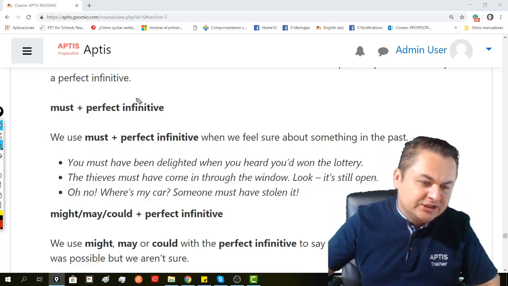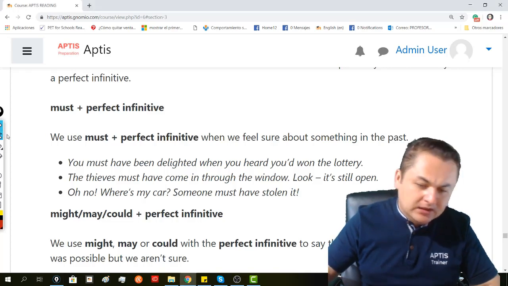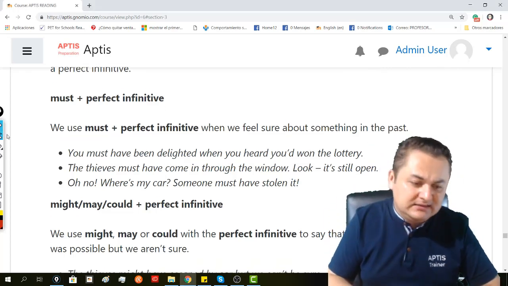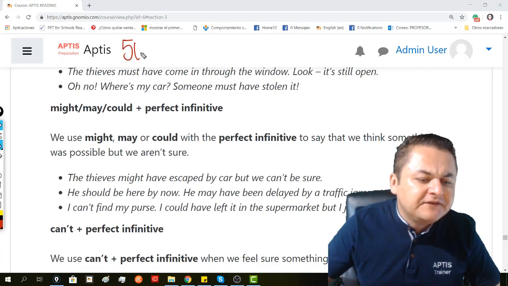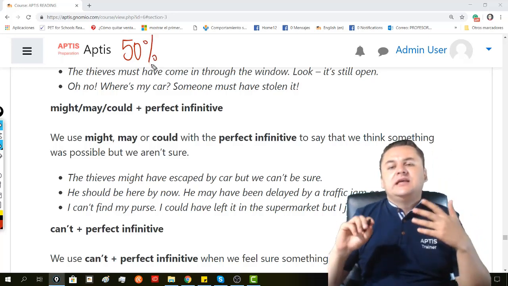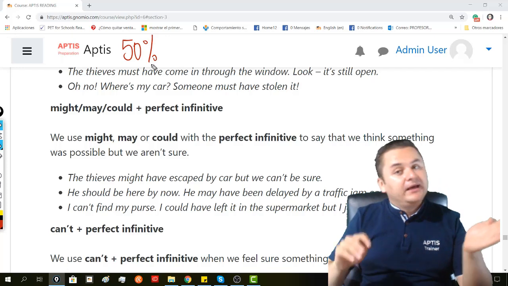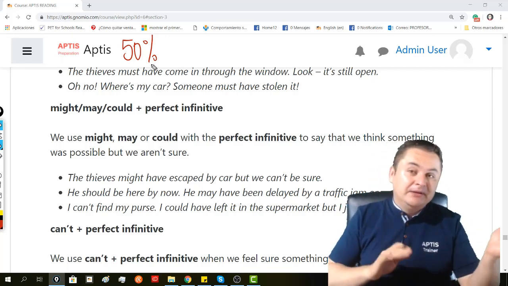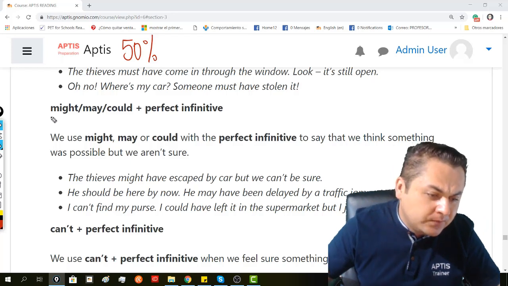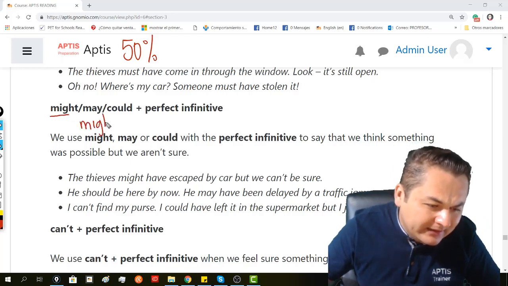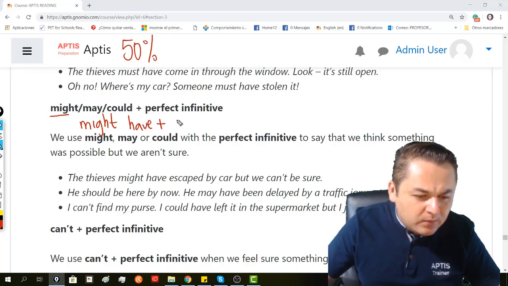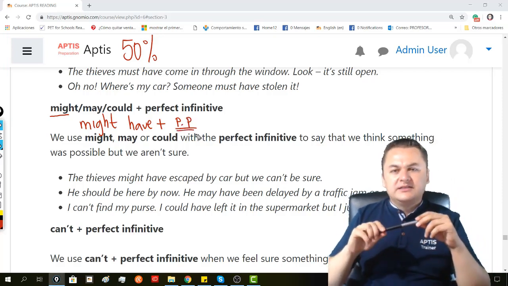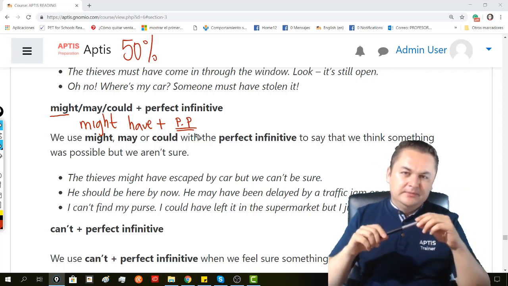So just imagine 50% sure of something that happened in the past. Then I am going to reduce that possibility to 50%. It means it could have happened, it may have happened, it might have happened. We don't know for sure. So we use might have plus the third column, the past participle.